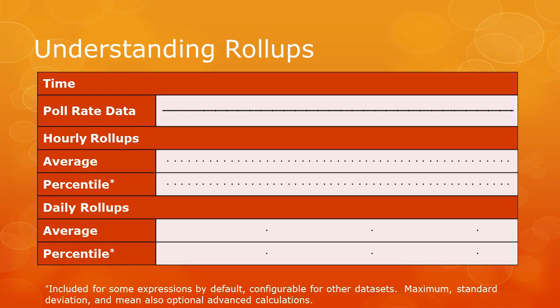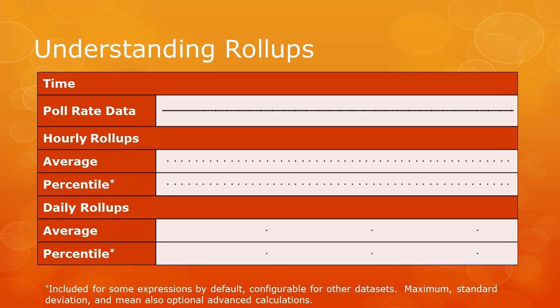While we're on the topic of rollups, we should discuss how rollups work. NetVoyant collects data from OIDs as defined in the dataset expressions and stores that in the database as poll rate data. As soon as enough poll rate data has been collected to cover a rollup period, the smallest rollup period being an hour, NetVoyant calculates a single data point to summarize that time period.